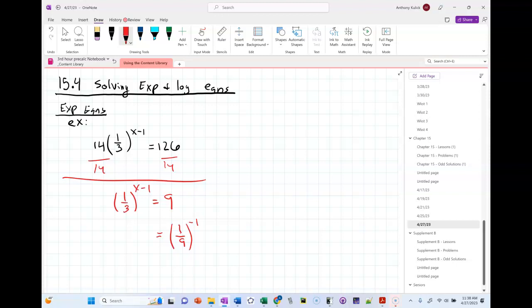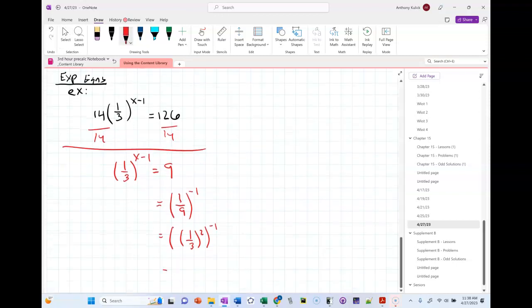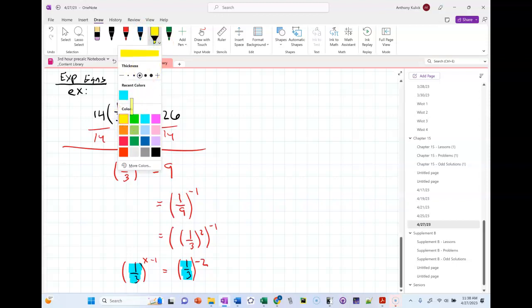And I recognize that 1/9 is the same thing as 1/3 squared. And when I have an exponent of an exponent, they multiply. And since the bases of my exponentials are the same, I know the exponents have to be equal.